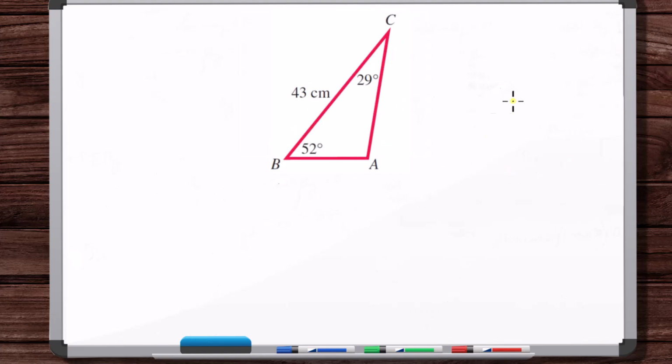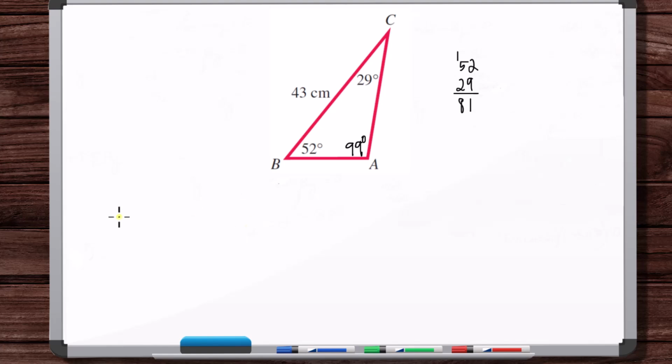Okay, let's just start by getting the third angle. So 52 plus 29 is 81. Now 180 minus 81. So 180 minus 80 is 100, but then you have that extra one, so this is going to be 99 degrees.